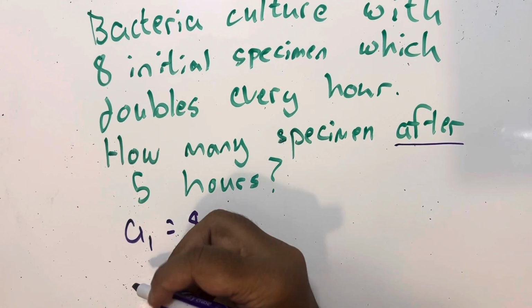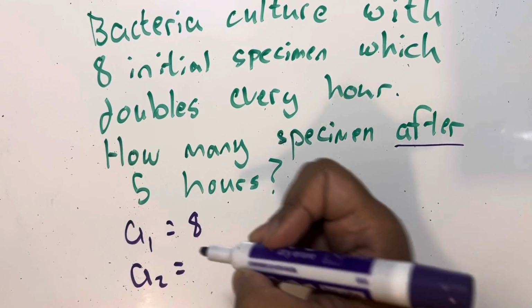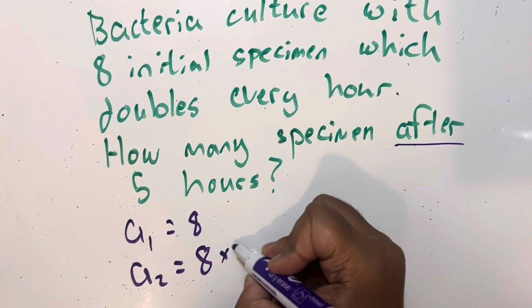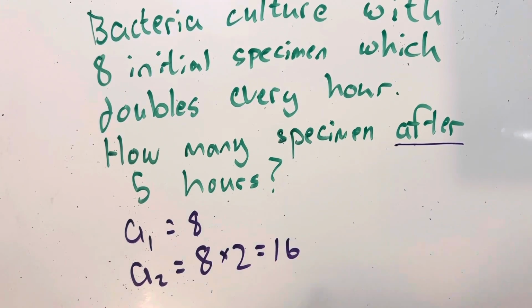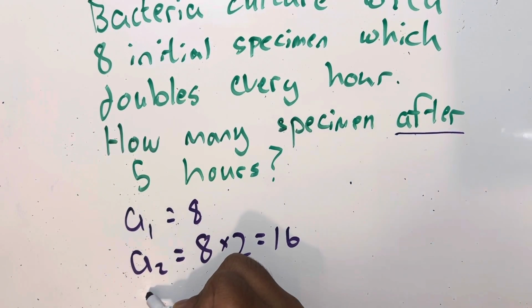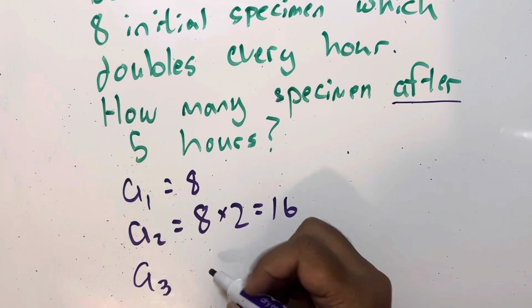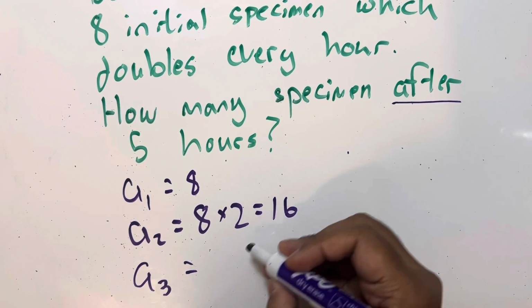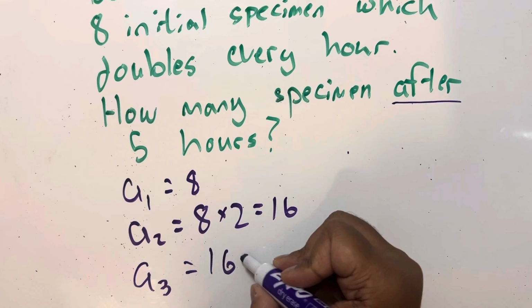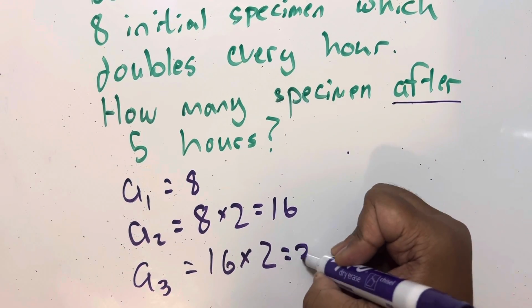a2 will be 8 times 2, which is 16. a3 will be 16 times 2, which is 32.